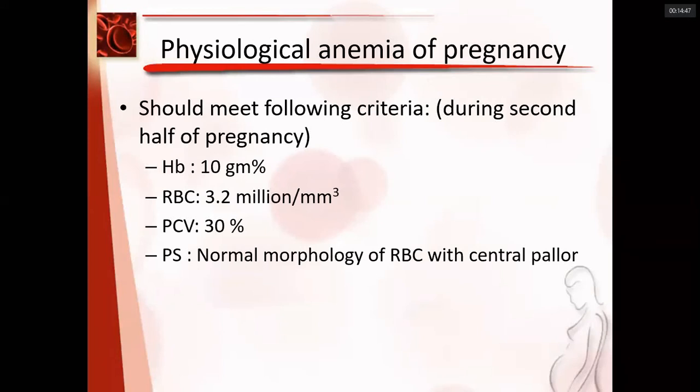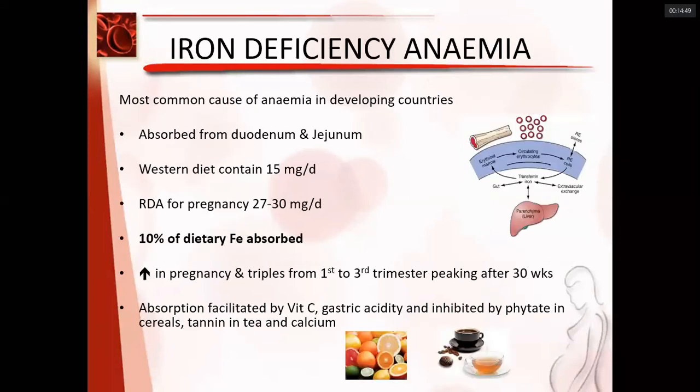gram per deciliter. So if we look at the metabolism of iron, it is absorbed in the ferrous form. The ferric form is reduced to the ferrous form in the stomach because of the gastric acid, and it is absorbed from the duodenum where it is bound to transferrin, and transferrin is absorbed through pinocytosis in the intestinal mucosa.